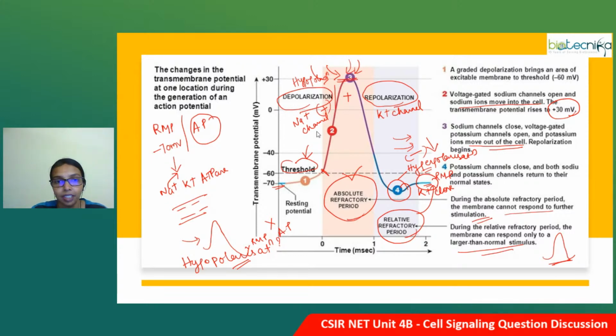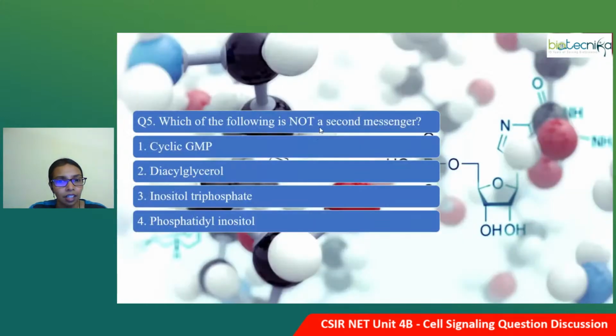Okay, next. Very easy question. Which of the following is not a second messenger here? Cyclic GMP, diacylglycerol, inositol triphosphate, phosphatidylinositol. At this junction, you must know different examples of second messengers.